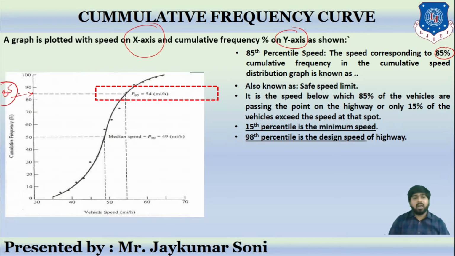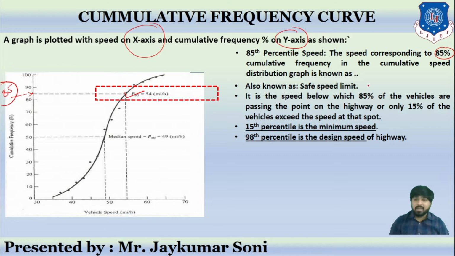I will extend this line, mark the intersection point, and plot the projection of that line on the speed axis. Here I get a speed of approximately 55, or it can be 54. That is called the 85th percentile speed.